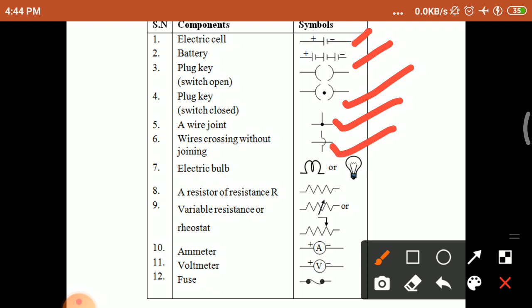The seventh one, electric bulb. The eighth one, a resistor of resistance R. The ninth one, variable resistance or rheostat. There are two symbols for variable resistance or rheostat. The 10th one, ammeter. The 11th one, voltmeter. The 12th one, fuse.